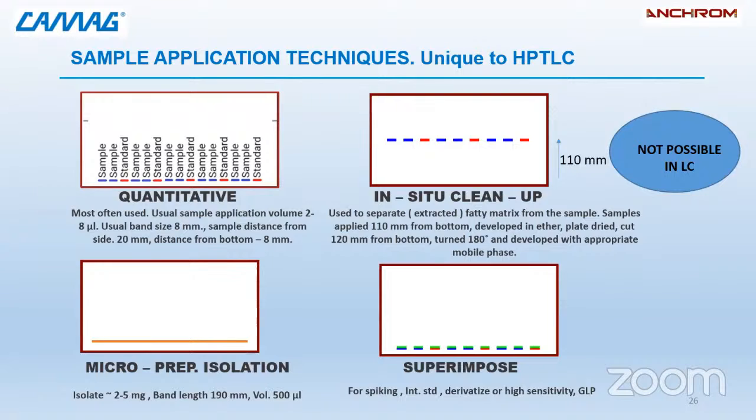In that case, you go for this micro preparative isolation, and the superimposing technique is used, in which you can apply sample or standard on the already applied band. This is used mostly for recovery studies, which is one of the parameters of validation studies.